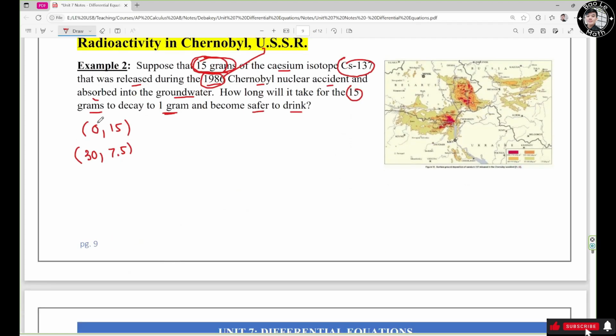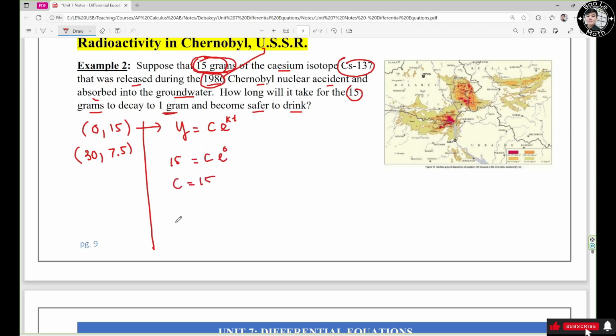Alright, now I need to use the ordered pair 0, 15 first. So I have the formula y equals c times e raised to the k times t, right? I need to solve for c first, so I substitute 0, 15 over here. So it will be 15 equals c times e to the 0, so c equals 15.